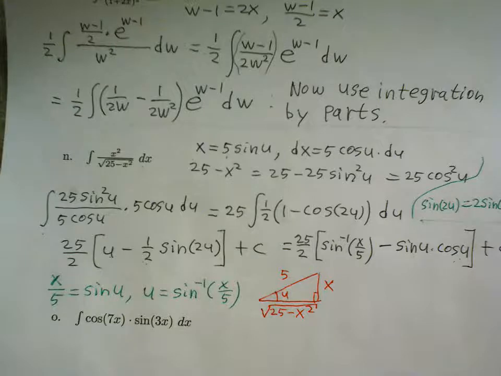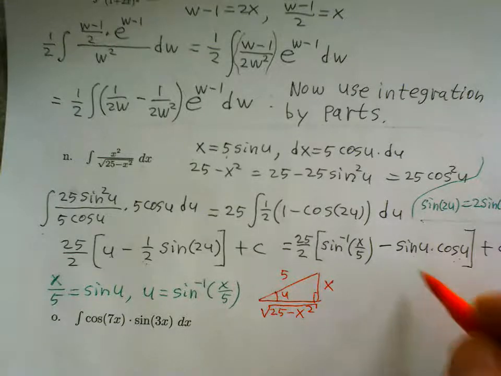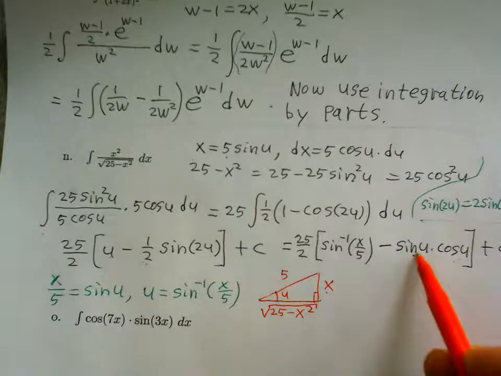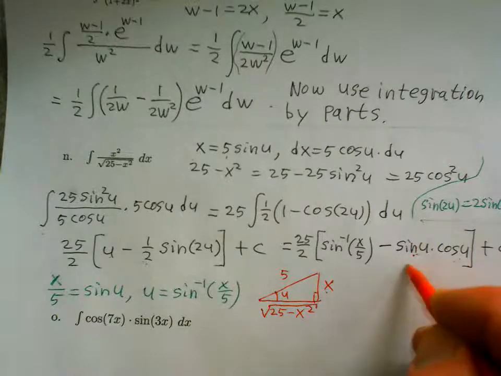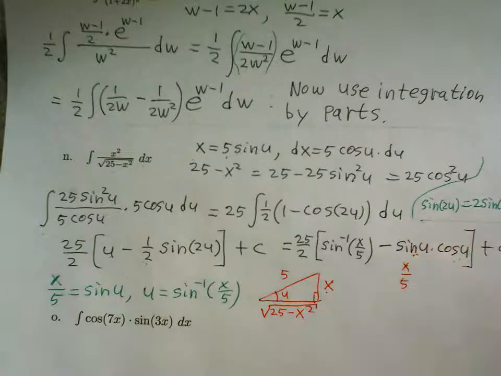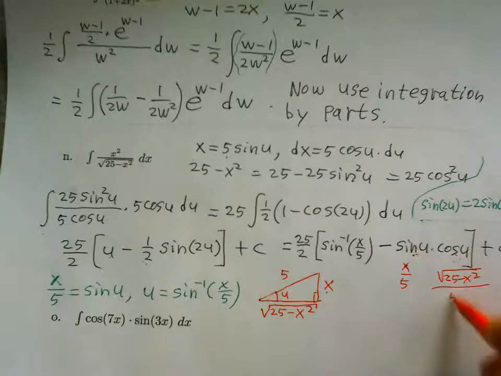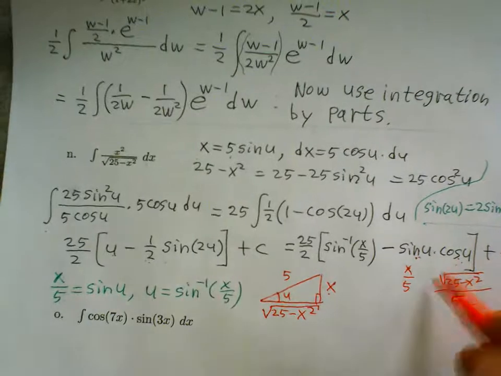Okay, I'll leave the rest of that for you to do since I'm about out of space. Just use this. Sine of u is x over 5. Cosine of u is the square root of 25 minus x squared over 5. And you're multiplying those.